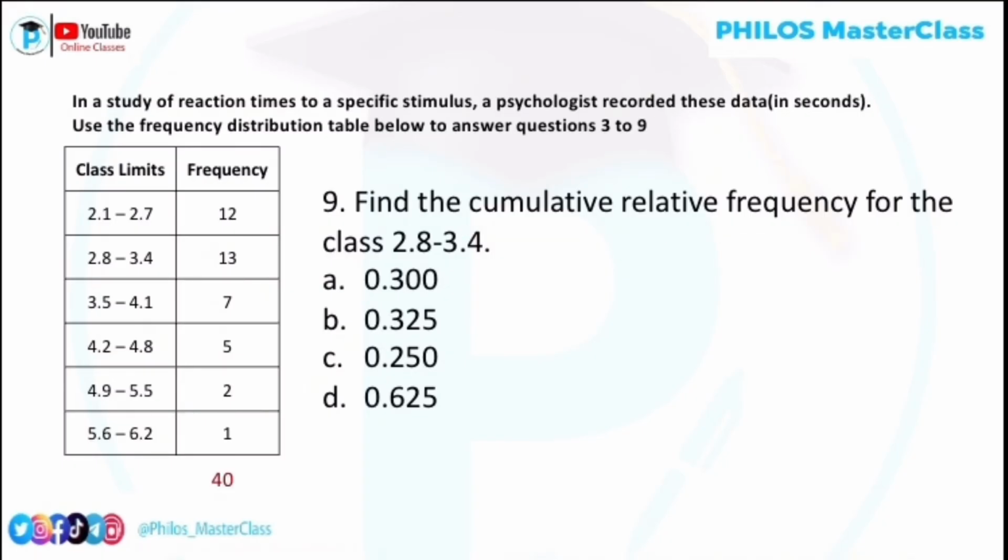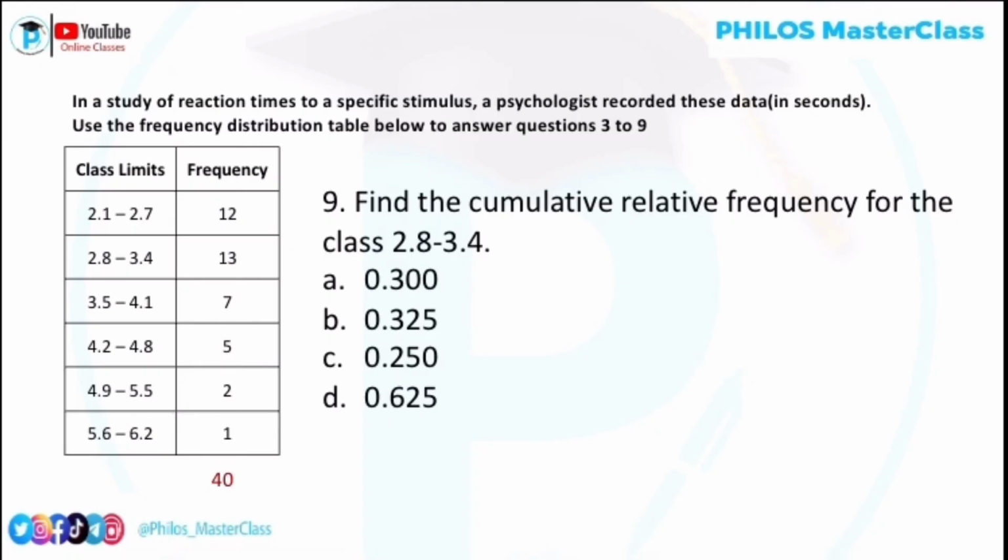Remember that the total frequency is 40. Okay, so to find cumulative relative frequency, we are going to take the cumulative frequency of that class. I didn't say the frequency of that class, no. I said the cumulative frequency of that class because we are finding cumulative relative frequency. So we take the cumulative frequency of that class and divide it by total frequency to get cumulative relative frequency.